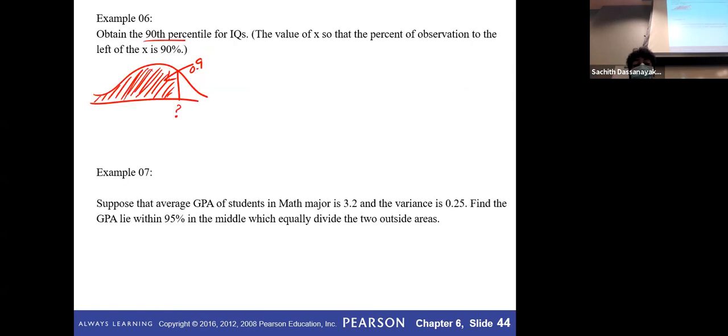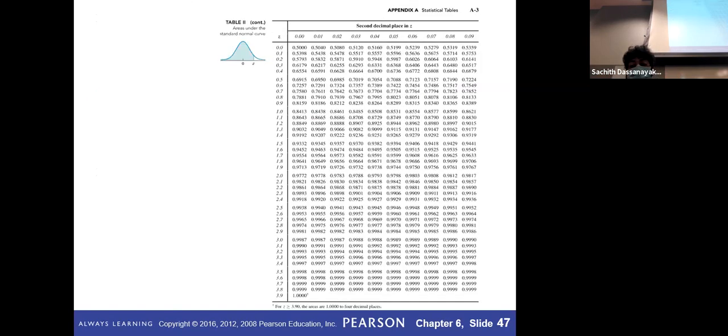The area is given and you have to find the z value. So we look for area 0.9 in the second table. Its exact value 0.9.